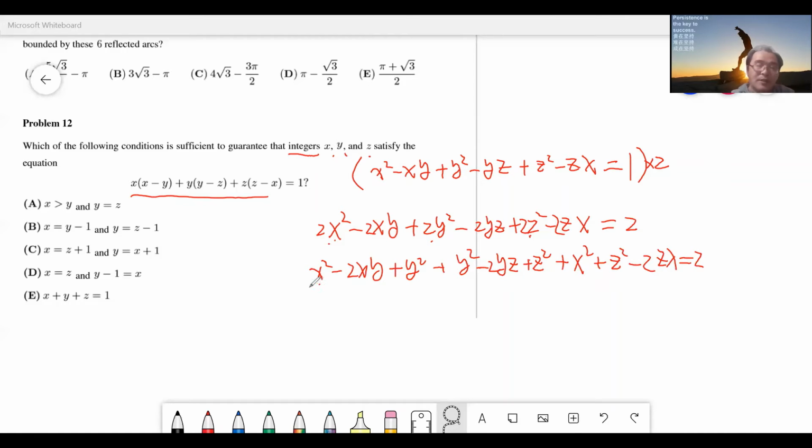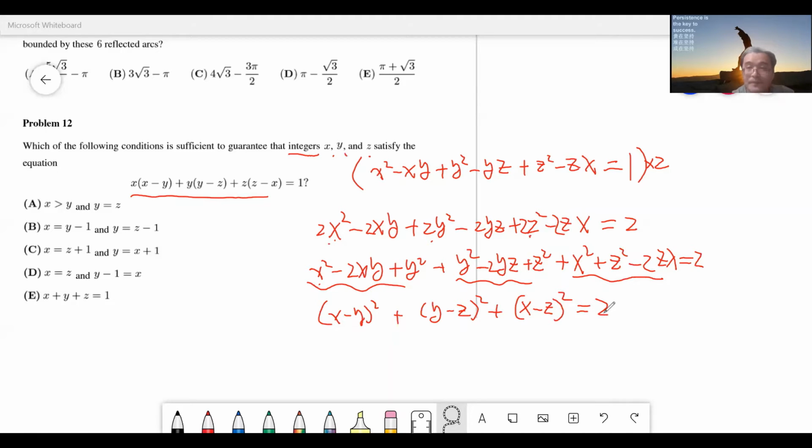Now you can see each of these is a perfect square. So we have (x minus y) squared plus (y minus z) squared plus (x minus z) squared equals 2. This is very important.